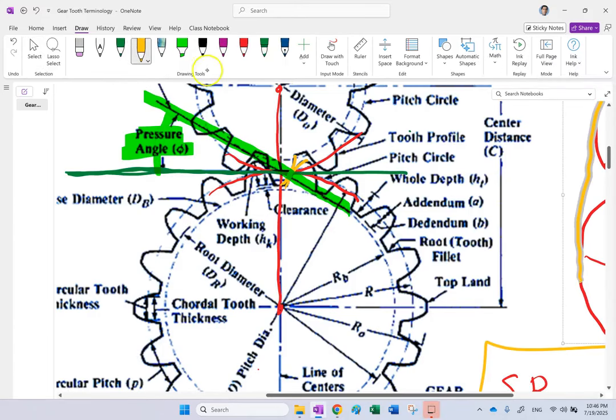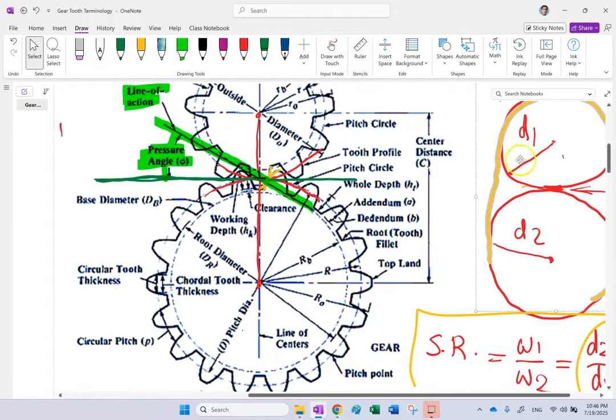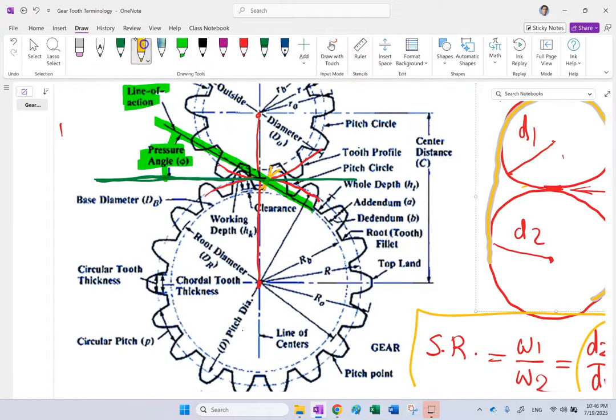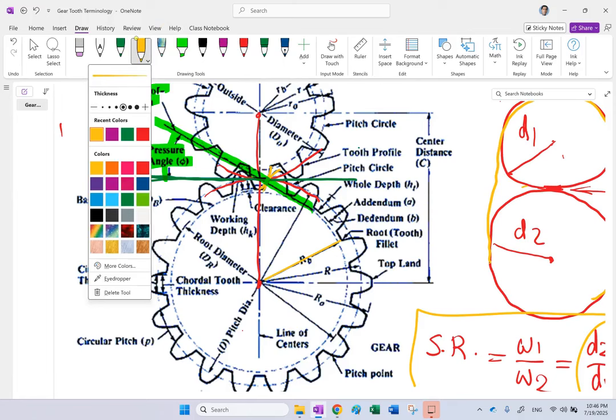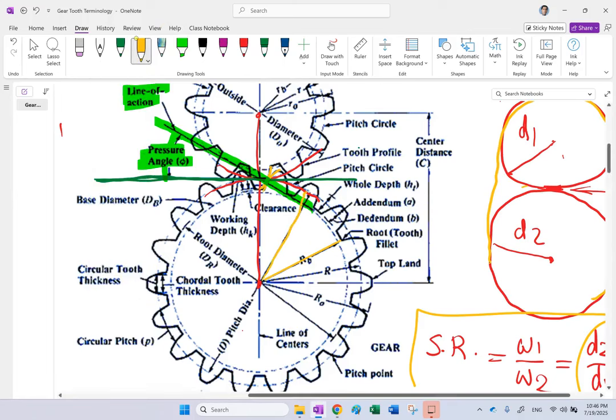Let me see if I can draw it for you. So that is something like this. And then we have this. This angle is 90 degrees.